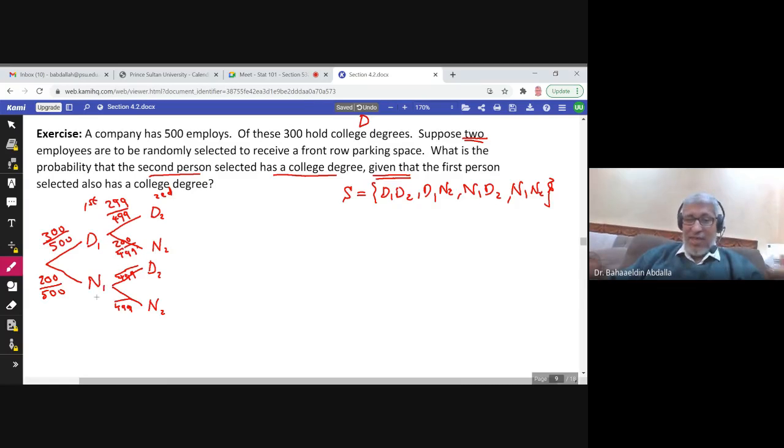While here we have selected one of the 200. So the number of employees receiving college degrees would be as it is, 300, but here we will have 199.